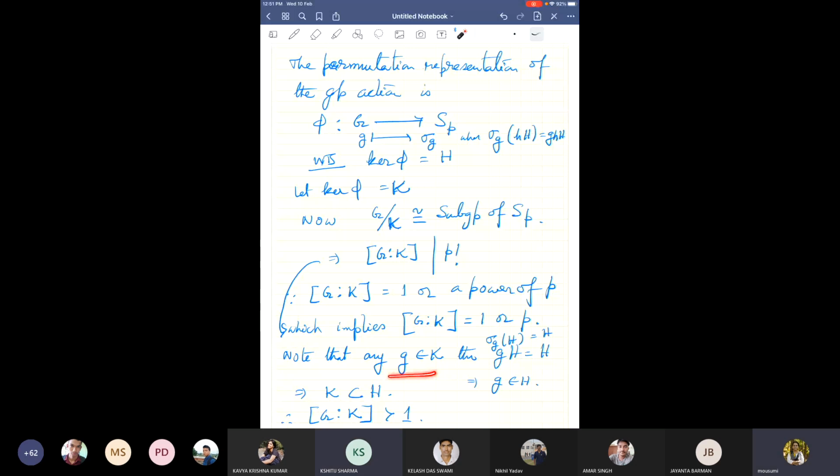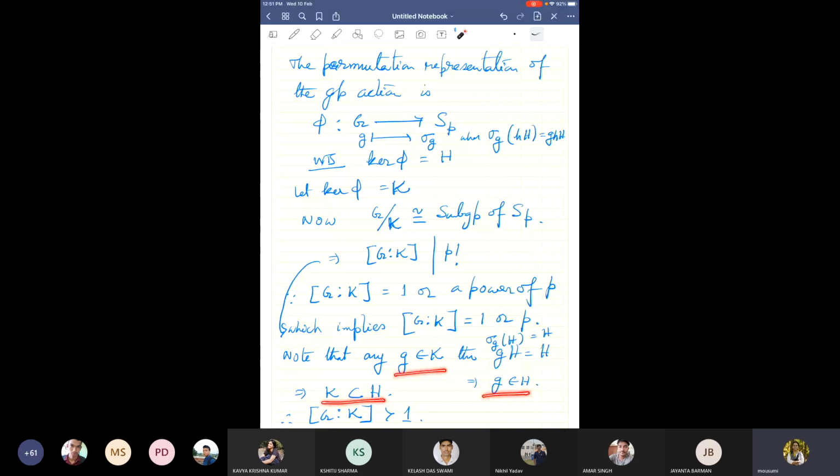What is sigma_g of H? It is nothing but gH. So gH is equal to H, but gH equals H implies that g belongs to H. That means if I start with any element in the kernel, that element belongs to H. That means K is a subset of H.